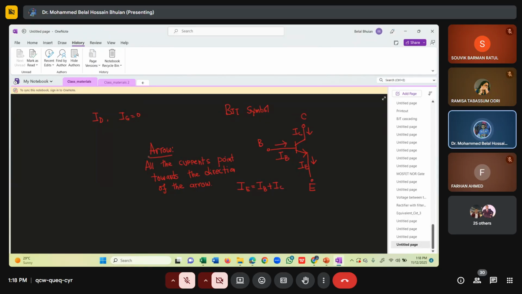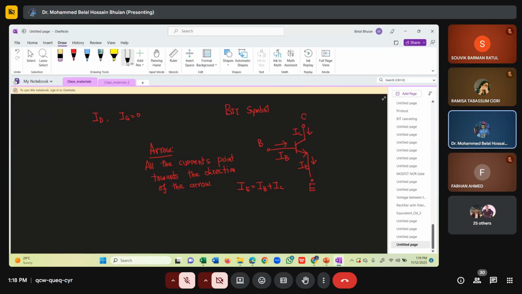This doesn't tell us what type of BJT it is. Is that an NPN BJT or PNP BJT? Again, this arrow tells us the story. The arrow always points from P side to N side.